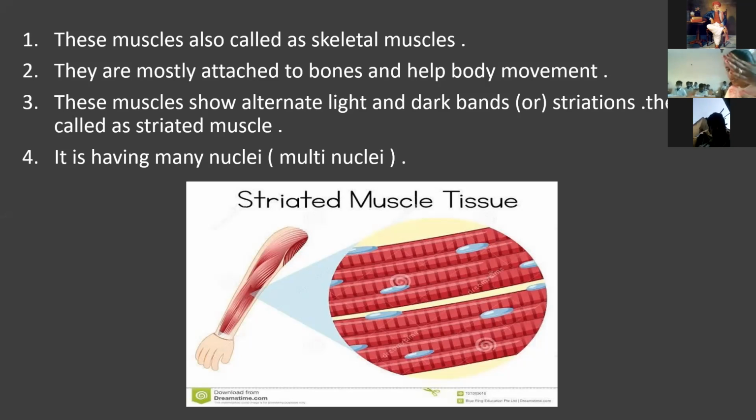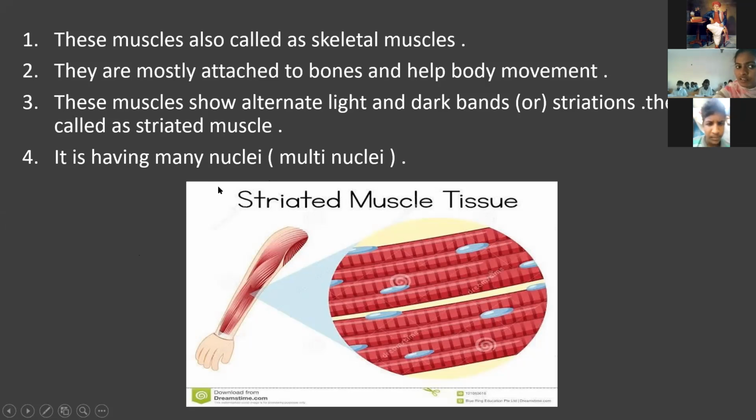These muscles show alternate light and dark bands, or striations. They are called striated muscles.